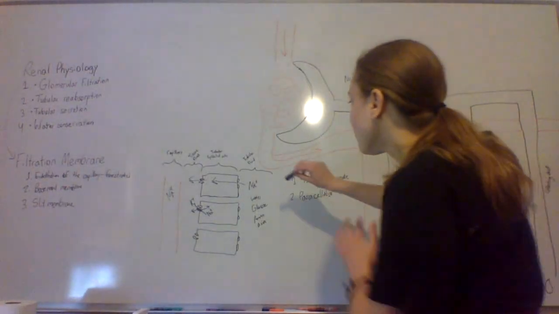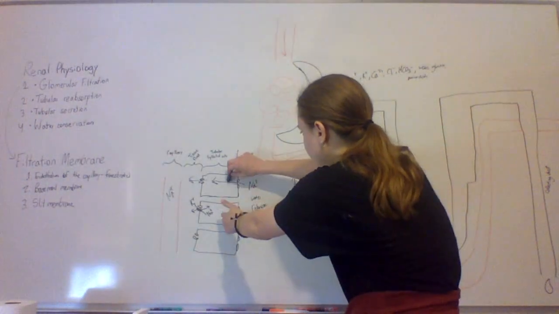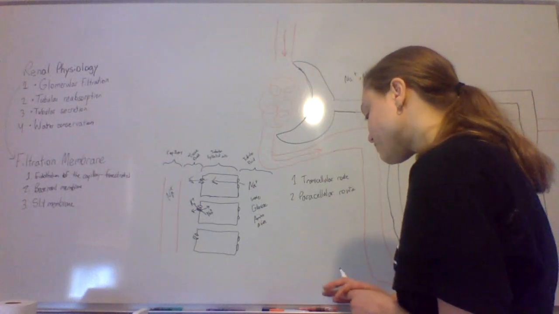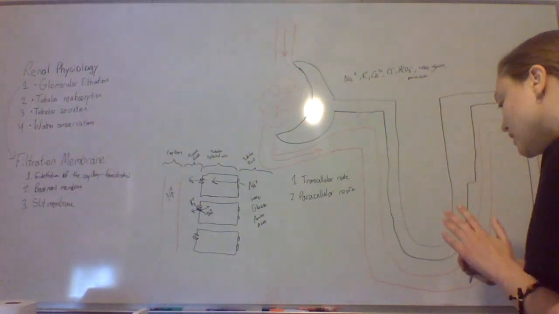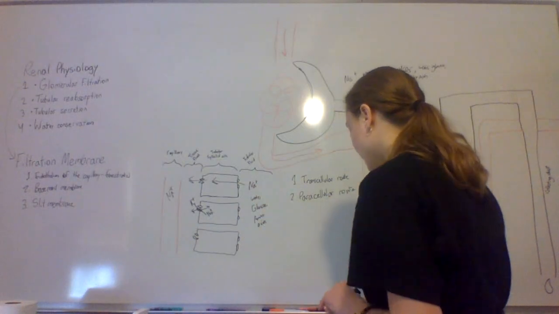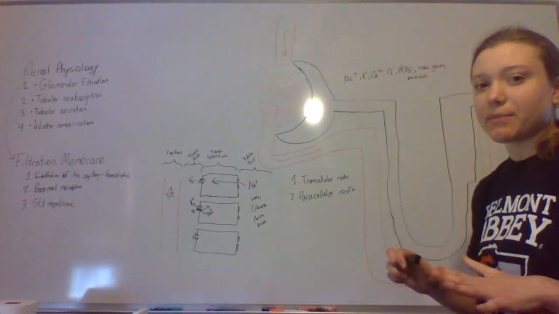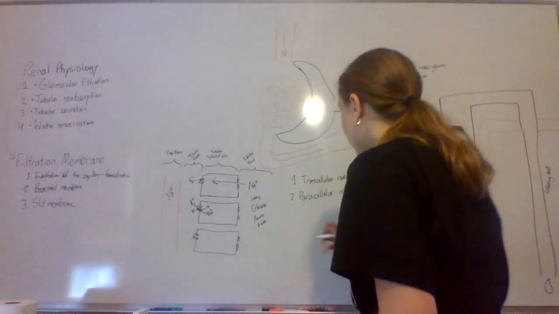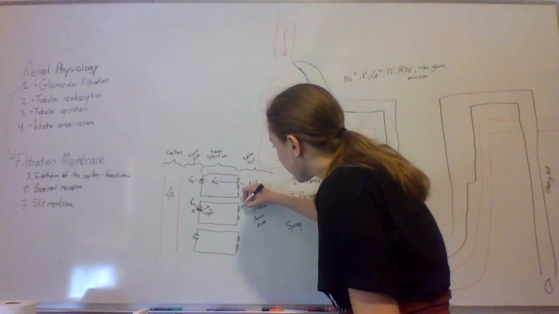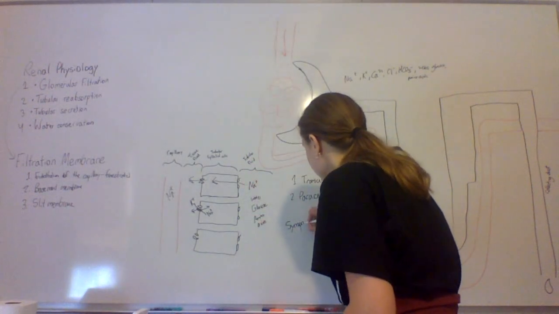Now, how does it go from the filtrate into the tubular epithelial cells? There are two types of transport proteins at the apical surface for Na plus uptake into the tubule epithelial cells. So first of all, we have symporters. You can see I kind of made those.